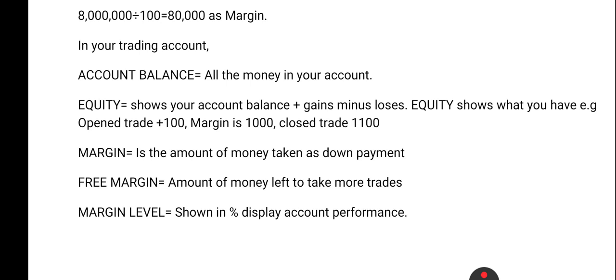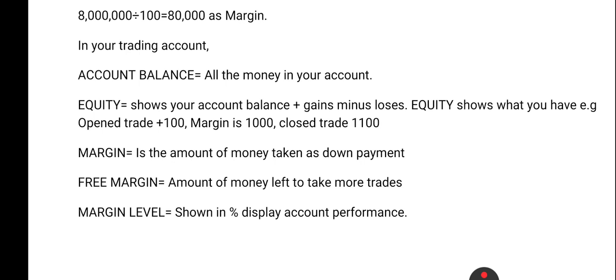If you remember, I told you that for you to open a position size, you must have a particular number of units of currencies. To open one standard lot, you must have 100,000 units of currencies. To open a mini lot, you must have 10,000 units of currency. The micro lot, you must have 1,000 units of currency.